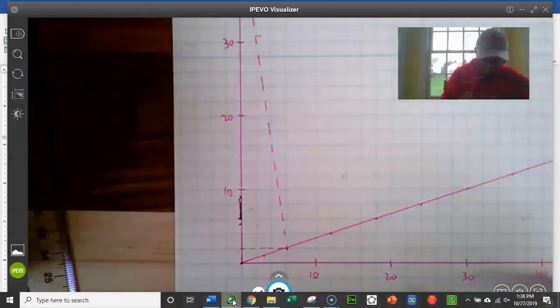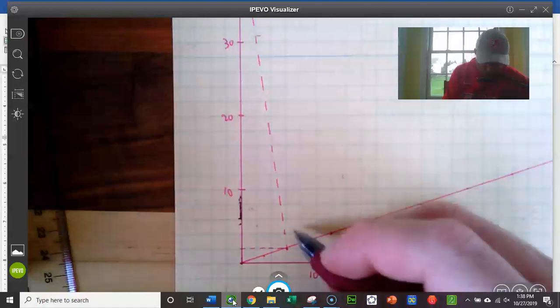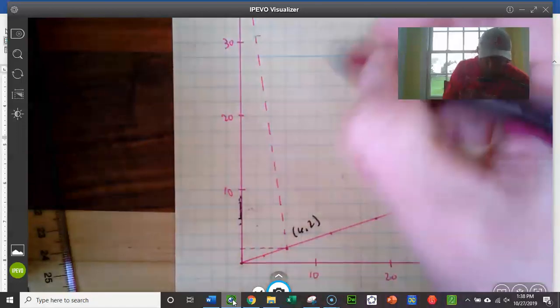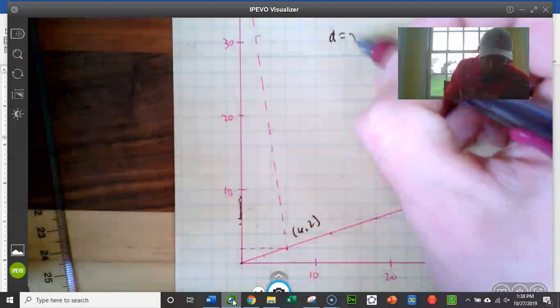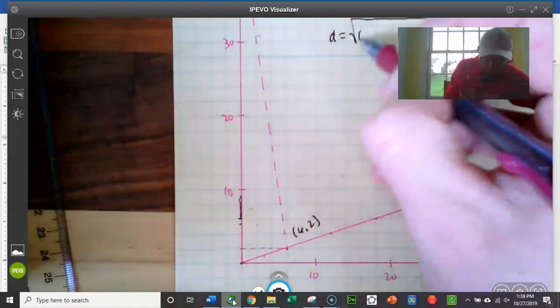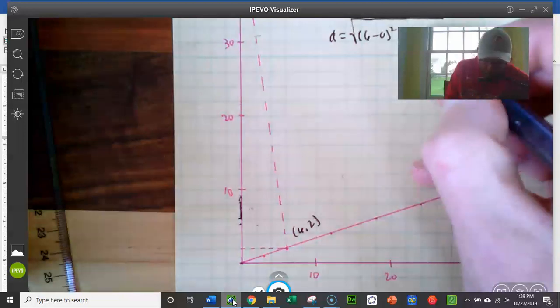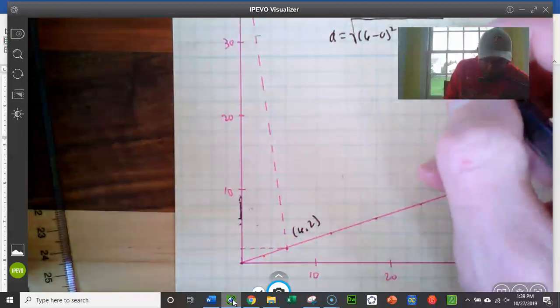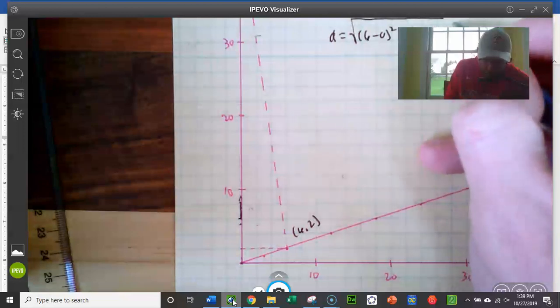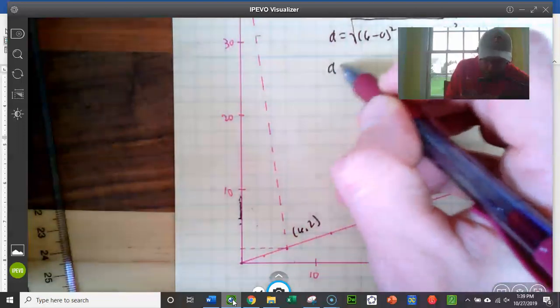Okay, and finally, all right, here we are at 6, 2. So the distance is equal to 6 minus 0 squared plus 2 minus 45 squared.